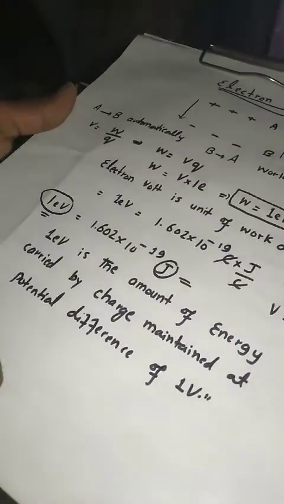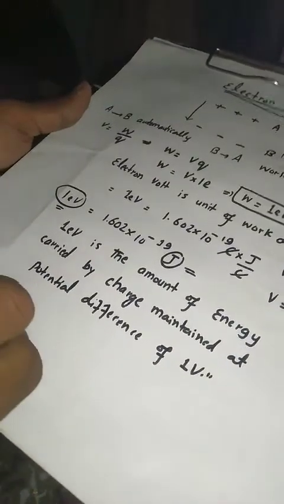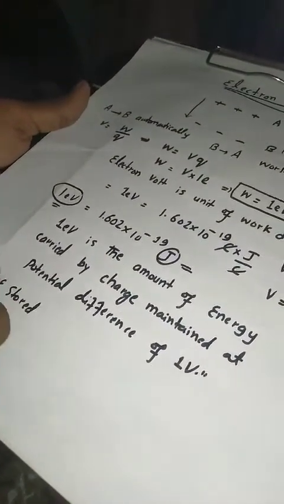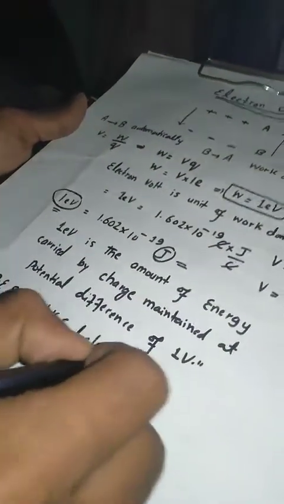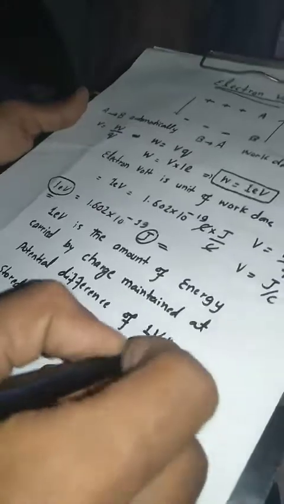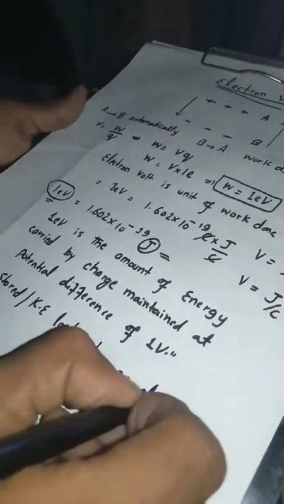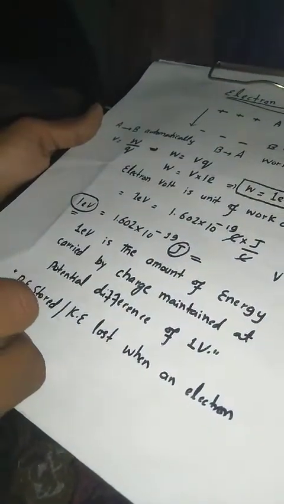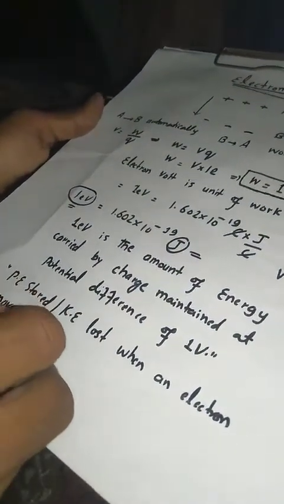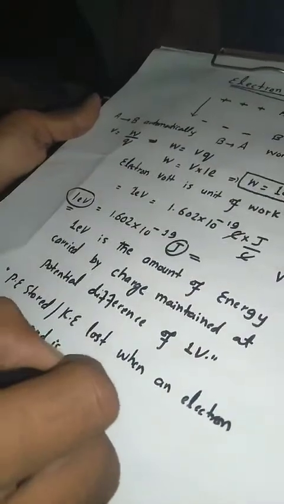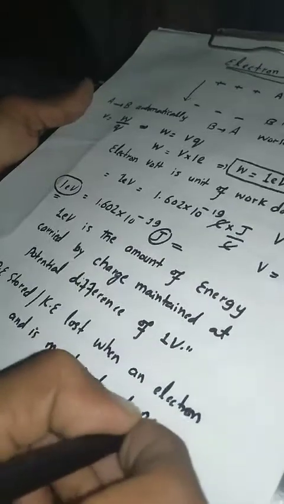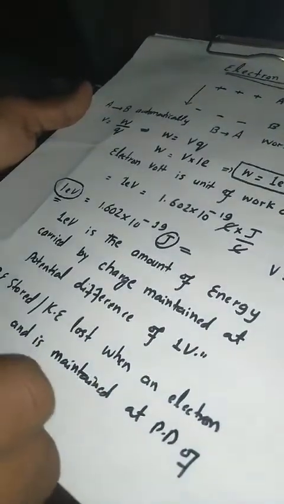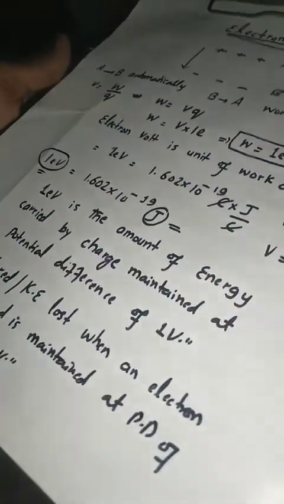So we can also say potential energy is stored or kinetic energy is lost when an electron moves and is maintained at a potential difference of 1 volt.